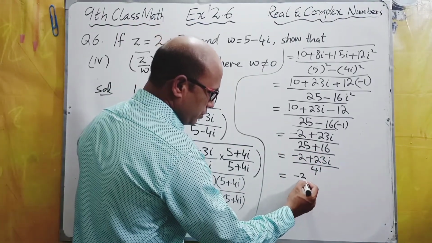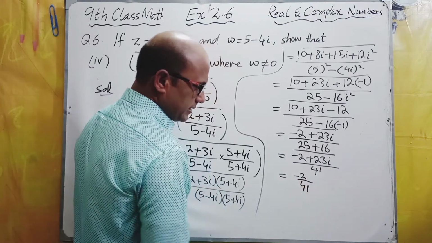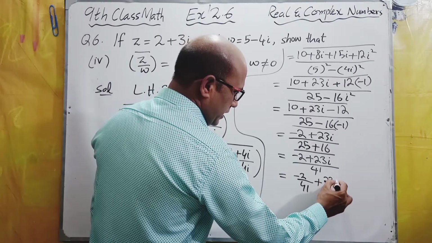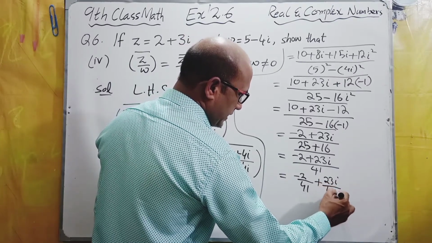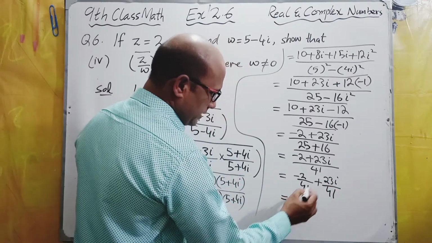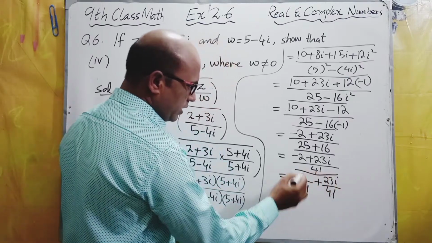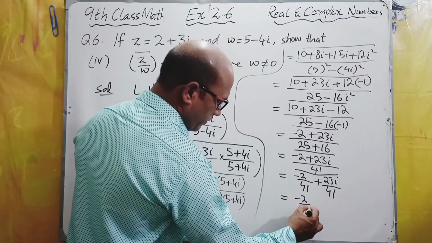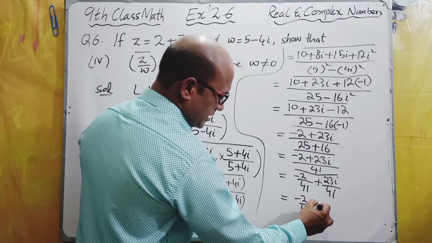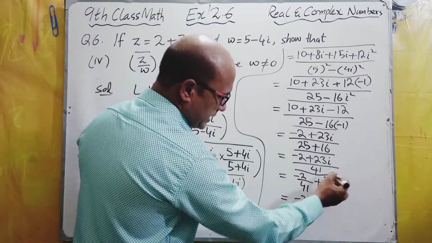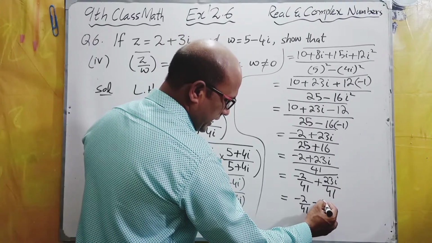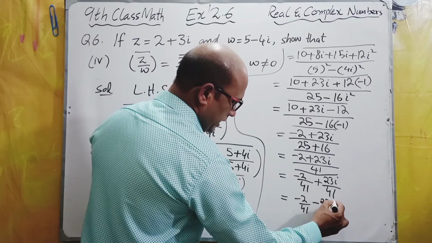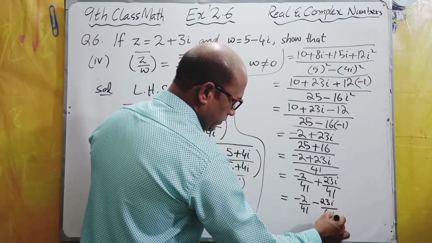Now minus 2 over 41 is separated, and plus 23 iota over 41 is separated, and this bar is still upon them. Minus 2 over 41 minus, the sign of the imaginary number will be changed when bar is removed, 23 iota over 41.